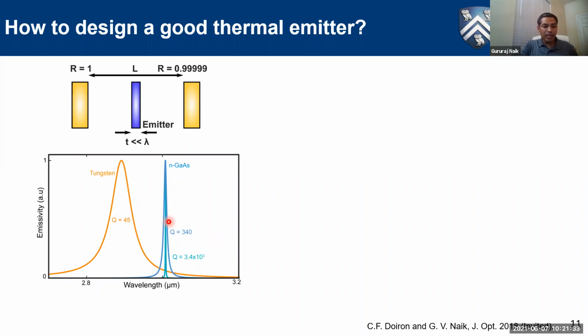But if I have lightly doped semiconductors, I could get Q factors greater than 1,000. So clearly semiconductors is one of the things that people should have been looking at, which in past designs didn't happen. They're mostly metallic photonic crystals. So that's one of the reasons why they didn't achieve this high selectivity, or suppression S factor.